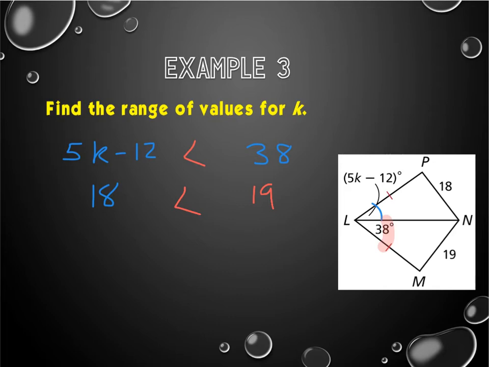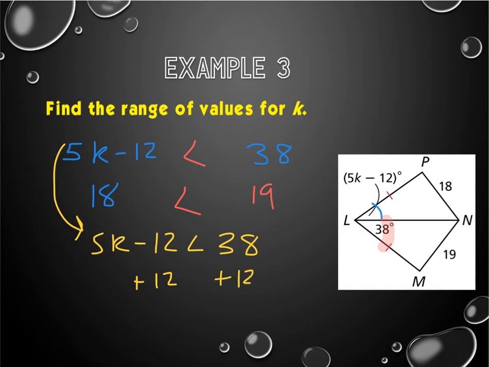So now we have to solve for K. We have 5K minus 12 is less than 38. How do we solve for K here? Add the 12 to 38. So we add 12 to both sides, and we get 5K is less than 50.